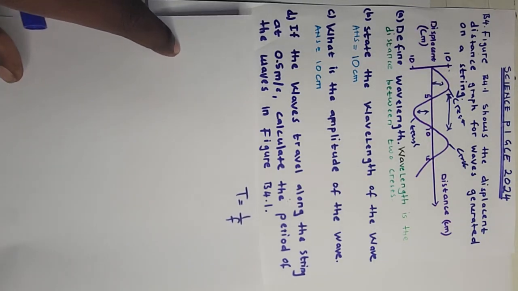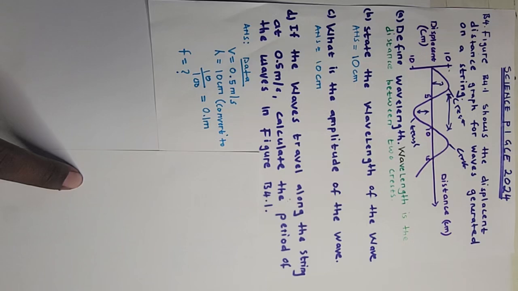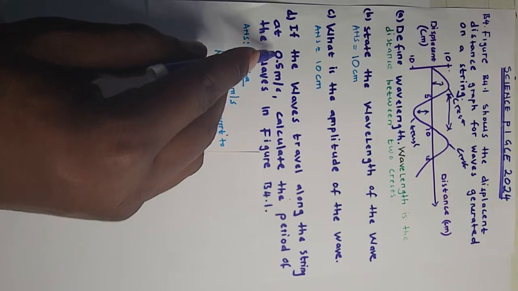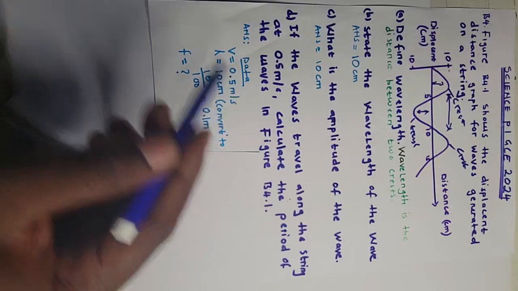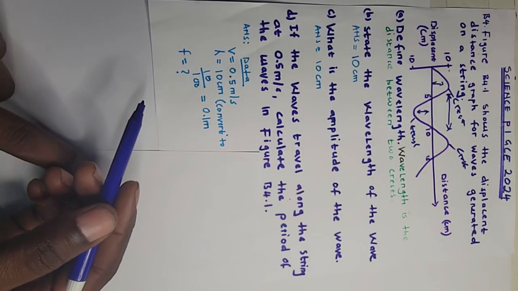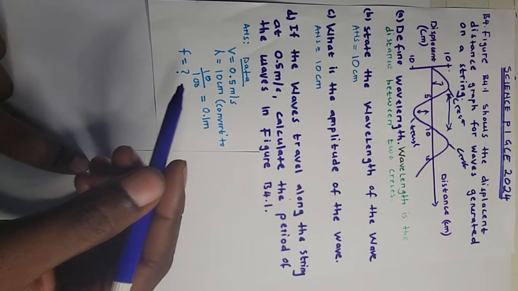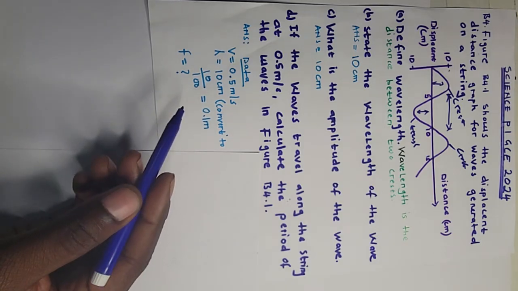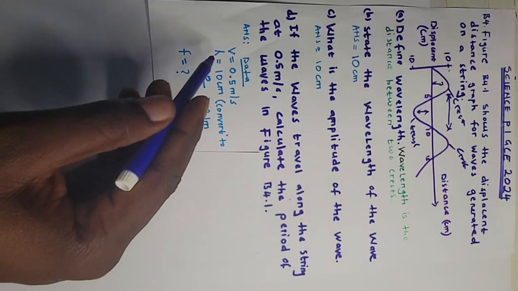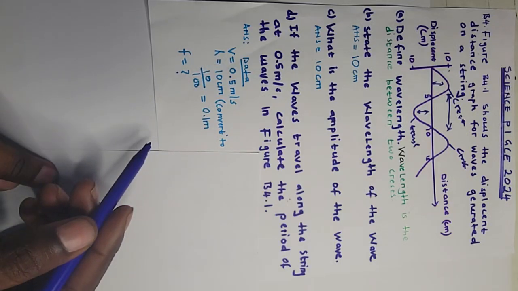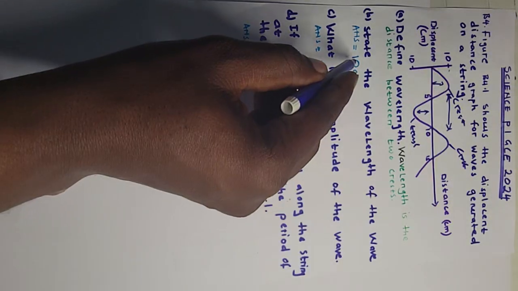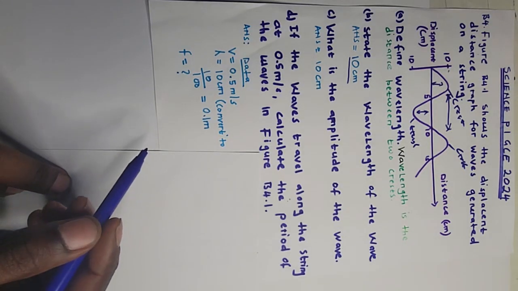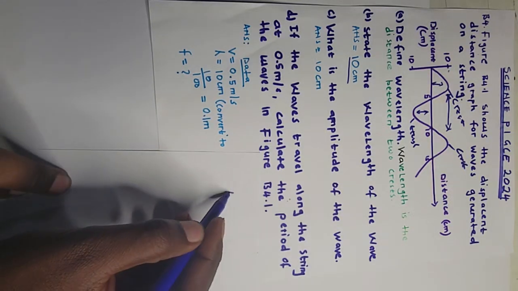So first, let's collect data. This is our data here. We have the wave speed, 0.5 meters per second. They have given us this one. In physics, it's important to collect data so that you see what you are looking for. So we also have the wavelength. The wavelength here, we said it is 10 centimeters, but we need to convert it to meters.